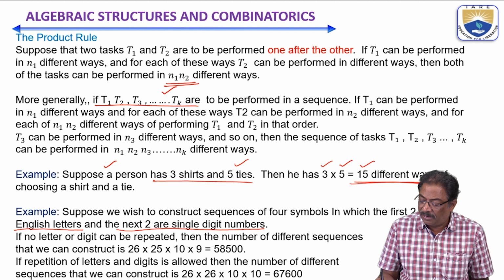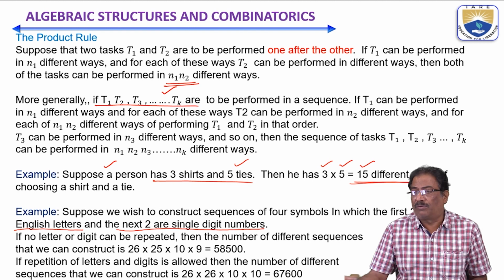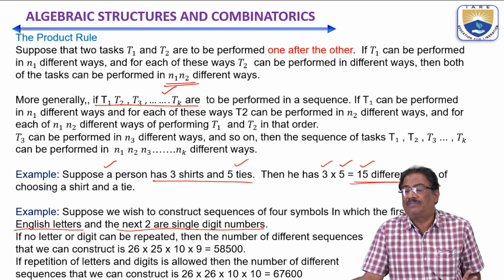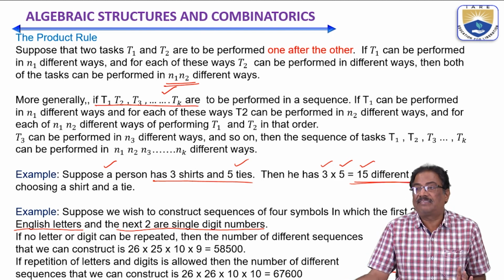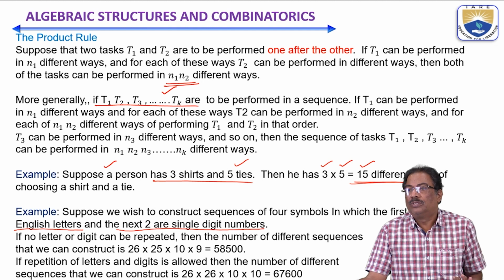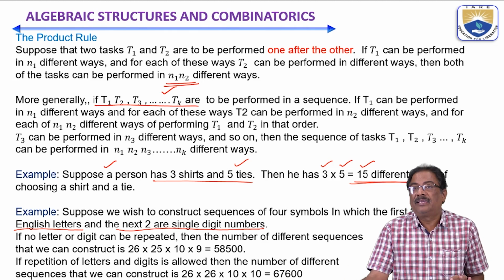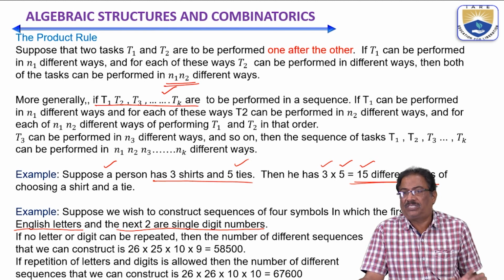We multiply these one after the other, since we have to fill all the spaces of the 4 character sequence. So this is nothing but the product rule. Here, the first task T1 is assigning the first English letter in the first space.